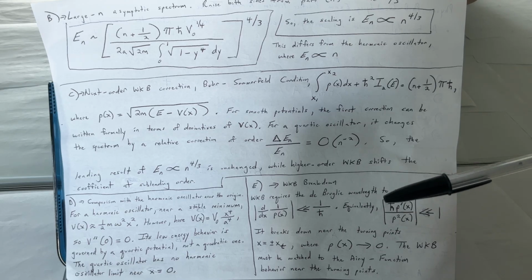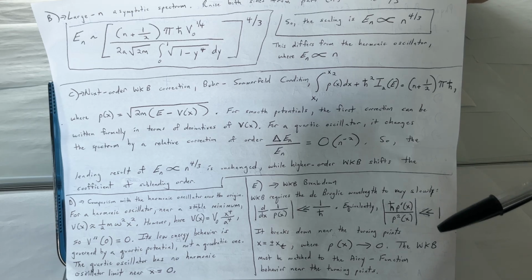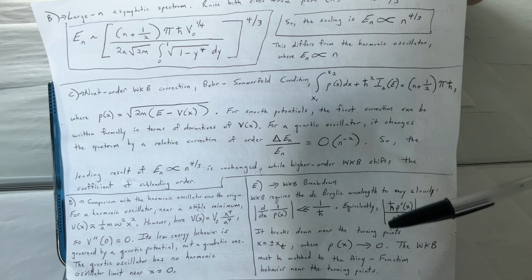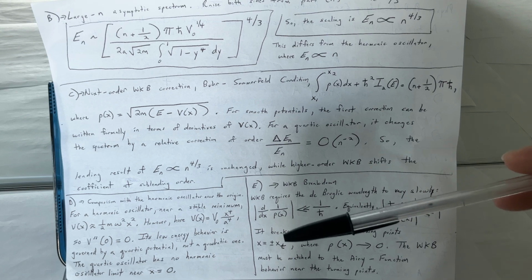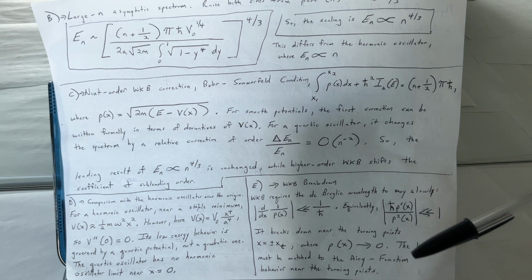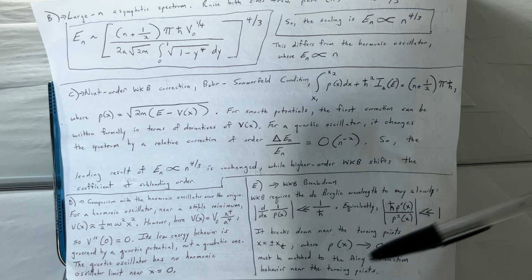And equivalently, the absolute value of h bar p prime of x over p squared of x is much less than 1. And it breaks down near the turning points, x equals plus or minus x sub t, where p of x approaches 0, and the WKB must be matched to the Airy function behavior near the turning points.